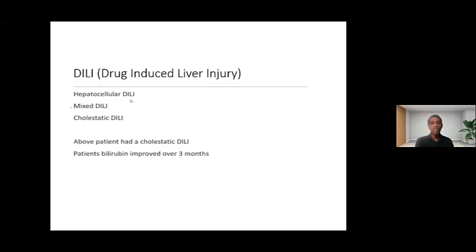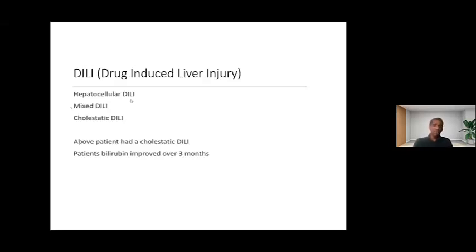So what are the types of drug-induced liver injury? It may be hepatocellular DILI, mixed DILI, or cholestatic DILI. Our patient had cholestatic DILI. The patient's bilirubin improved over 3 months, though sometimes it takes about 6 months to recover from this damage and normalize the liver tests.